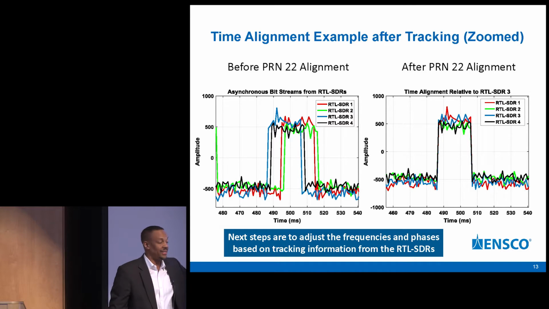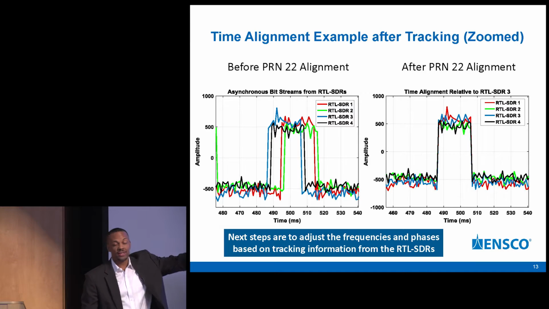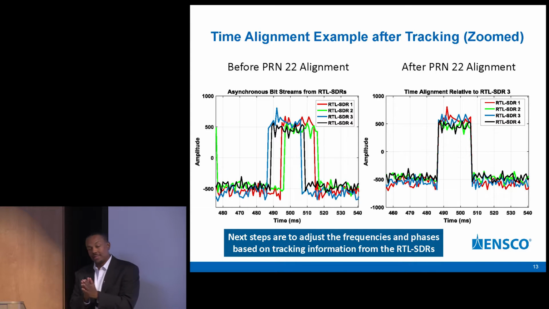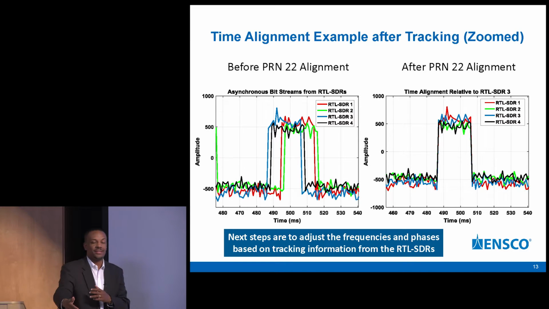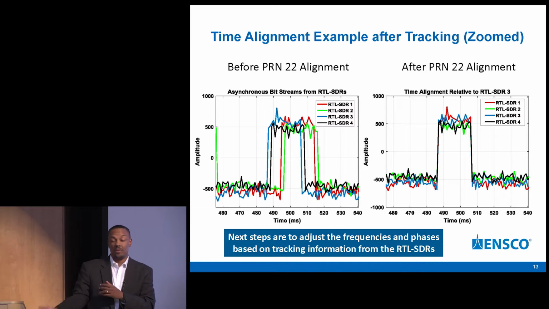Once I take the snapshot of data, if I can do this process post, I can combine the snapshot of data, send that off somewhere, and do another analysis to determine actually where is the jammer coming from. Because with a single antenna, I can't do that.